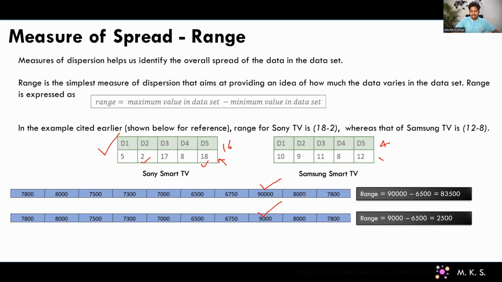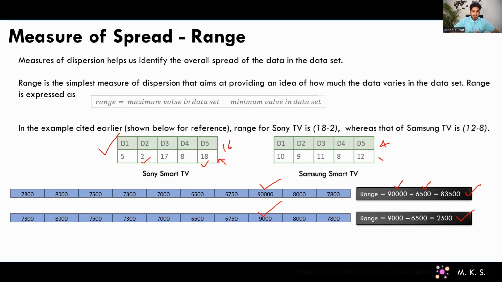So now here, the range for the first data set is 90,000, that is the maximum value, and the minimum value, that is 6,500. So the final value is coming as 83,500, that is the range value we are getting. Now, in case of the second data set here, except 90,000, all other data points are the same. Now in this particular case, range is 9,000 minus 6,500, that is 2,500.